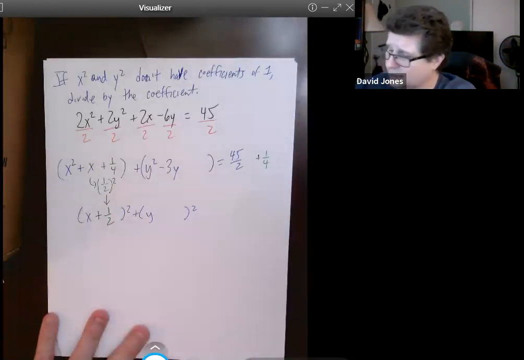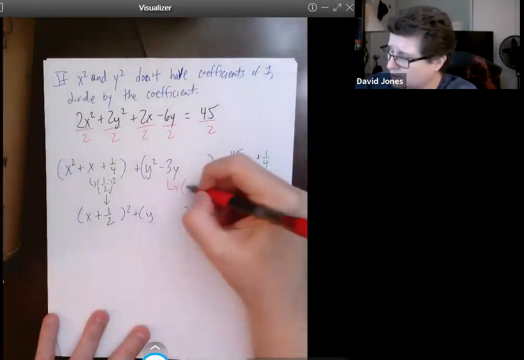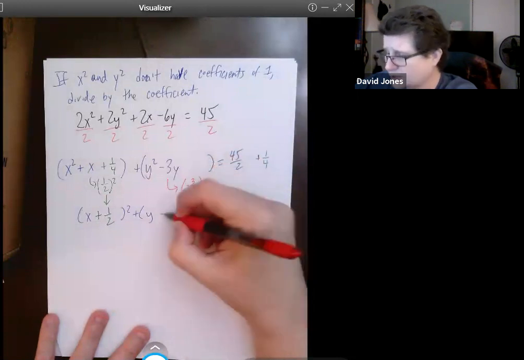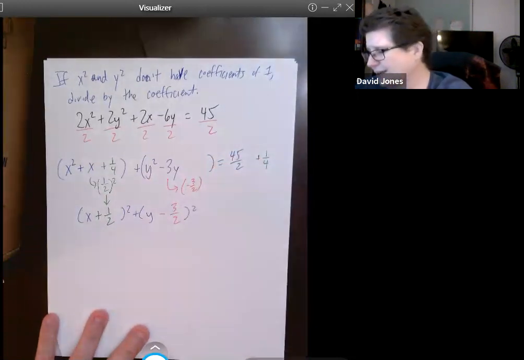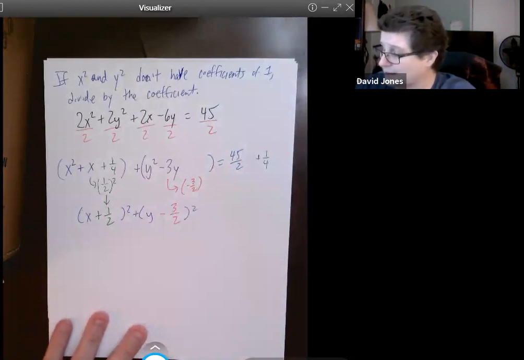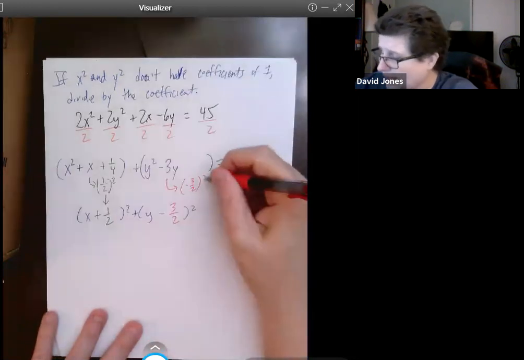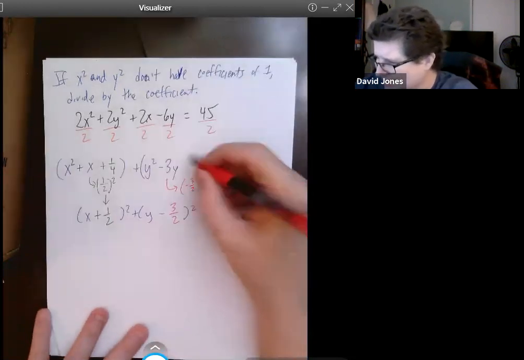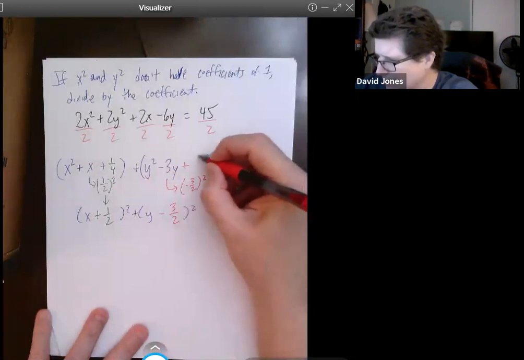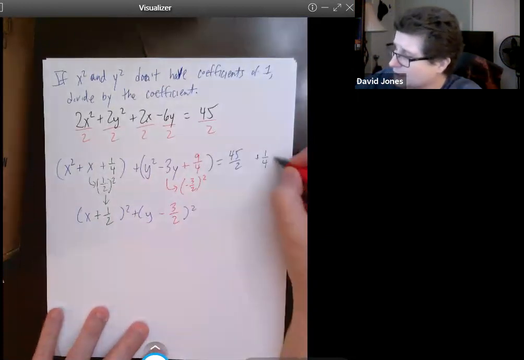And I'll take the -3 divided by 2, which gives me my k value, -3/2. Well, k is 3/2. y minus 3/2, we square that. Squaring the top is 9, and the bottom is 4, so I'm adding 9/4.